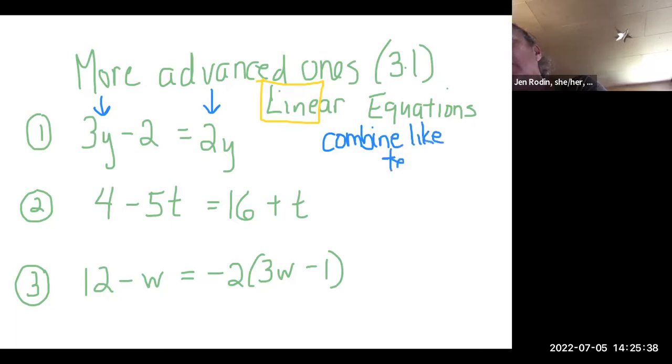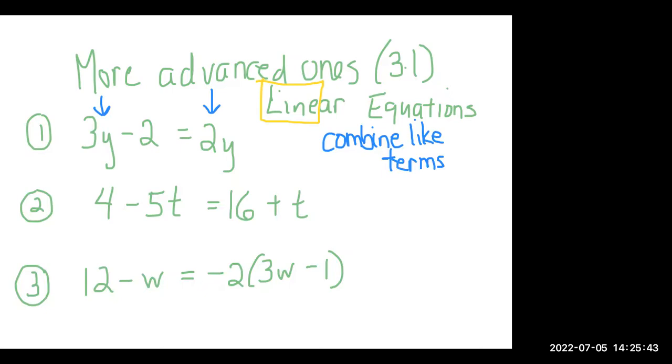And those that I just pointed at are like terms because they both have a y to the power of 1. That's not showing, but it's the power of 1 there. They both have a y to the power of 1, so they can combine. This one can't jump in with them exactly, so it's going to have to stay separate, but we still know how to deal with it.